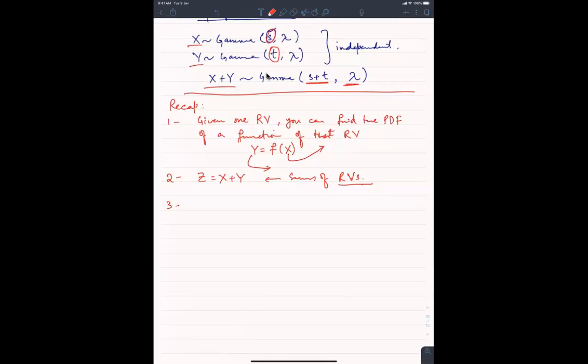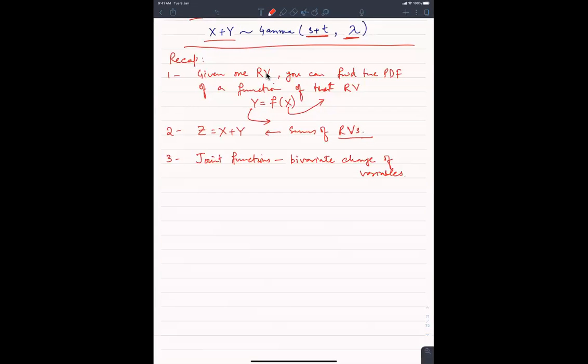Joint functions, also called the bivariate change of variables. इसका क्या मतलब है? This is nothing too different. यहाँ पे ऐसा है कि you are given X1, X2, two random variables.